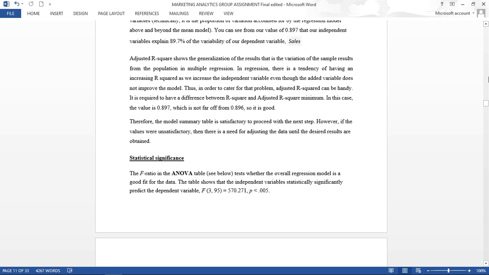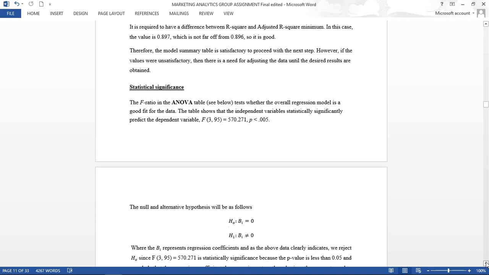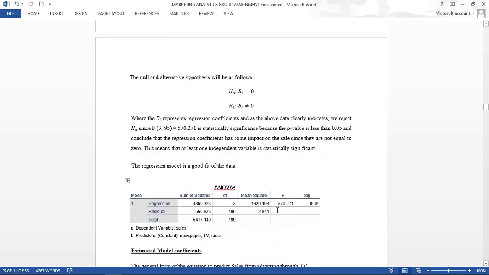We have the F ratio in the ANOVA table. Let me show you. We have the F, the test statistic, and the degrees of freedom, which is 3. As you can see, the probability of the test statistic is 0.00 something, which is statistically significant, which means we have a good model there.